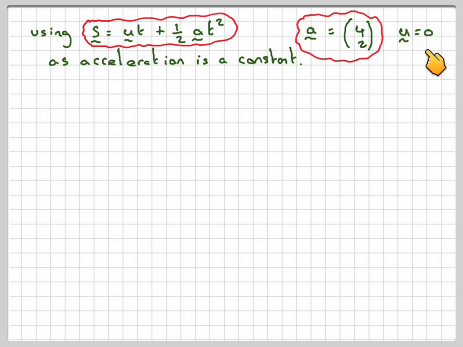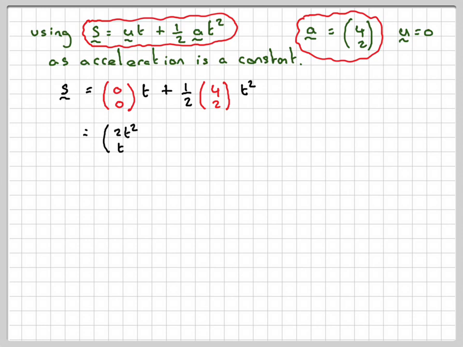The initial velocity is 0, and therefore s is 0 times t plus a half times 4, 2, which will give, in terms of t, half of 4, which is 2, t², and half of 2 is 1, so we're just going to get t².